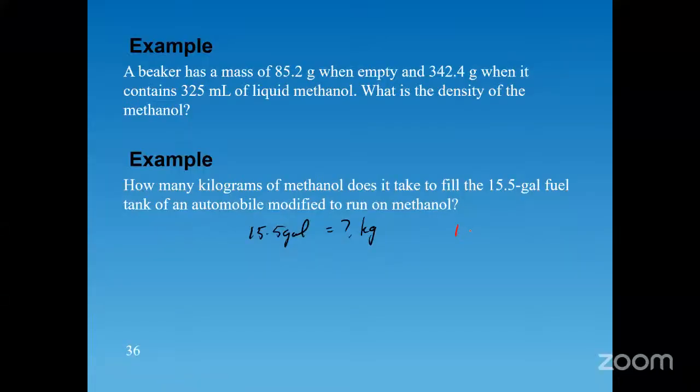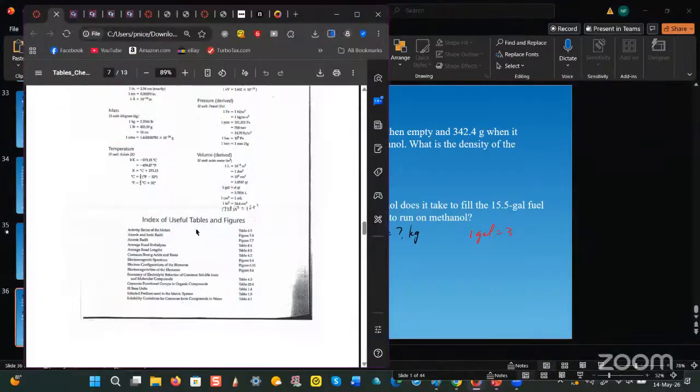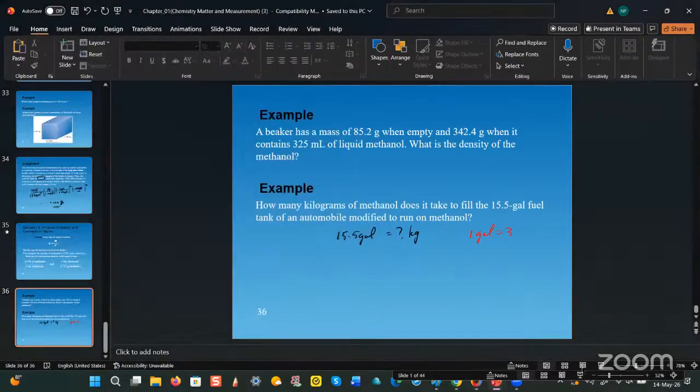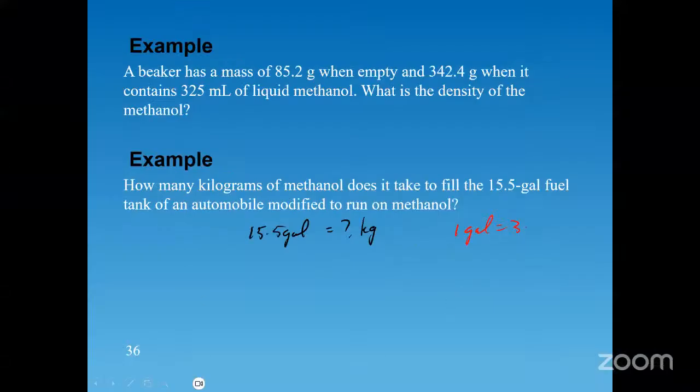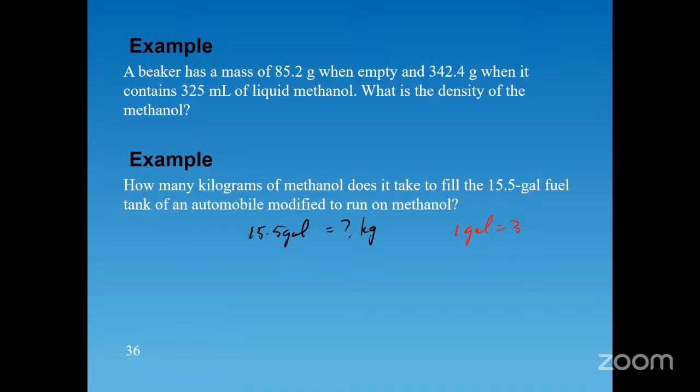So 1 gallon is equal to 3.7854 liters, all right?